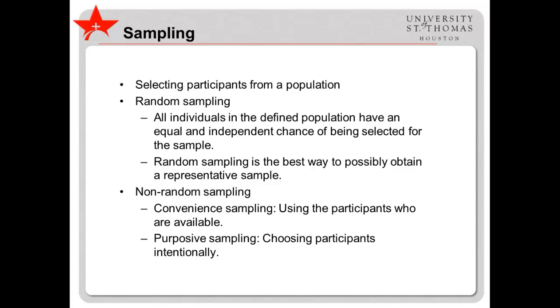However, we should keep in mind that a convenient sample is less likely to represent the general population than a truly random sample. Purposive sampling is most appropriate for qualitative studies, where the researcher wants to ensure that participants have the necessary experiences and/or characteristics and will be useful sources of information.